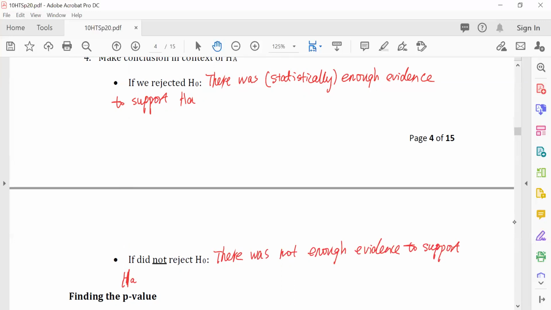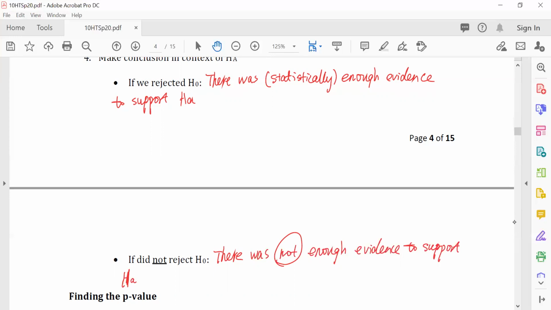We are saying there was not enough evidence to say your alternative hypothesis is right.